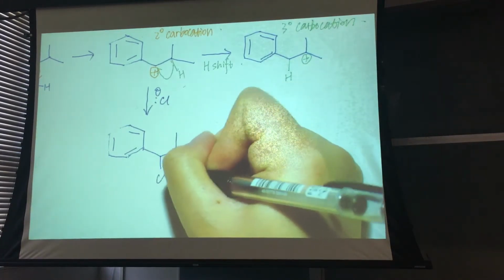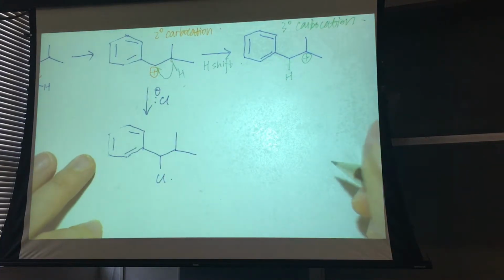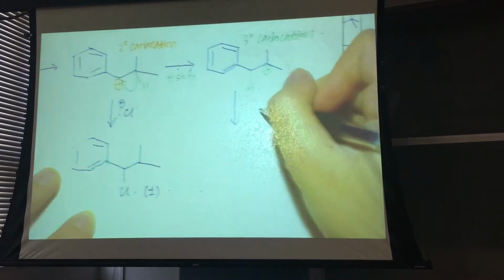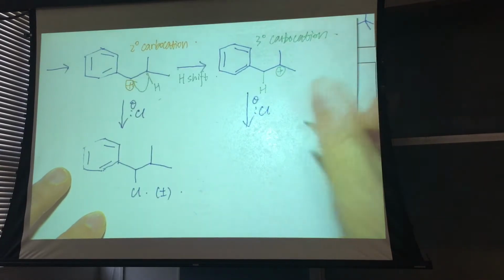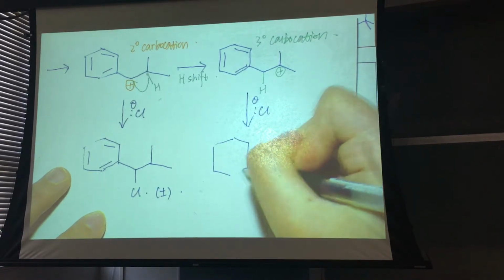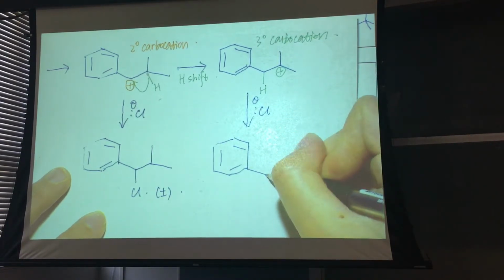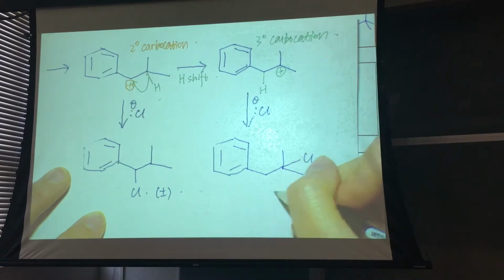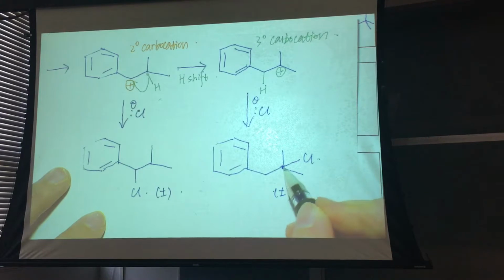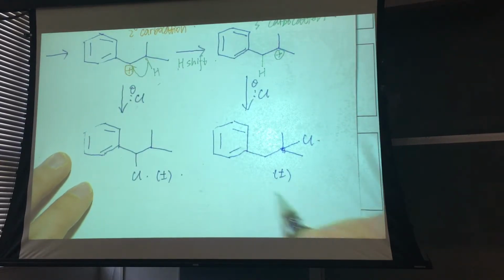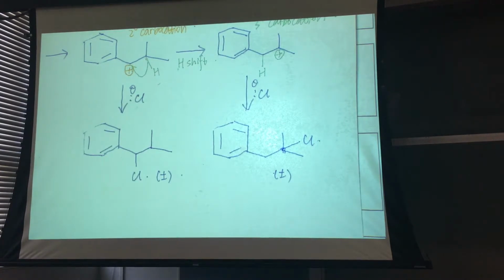So your chloro is here, and it's plus minus. This one with your chloro is going to add to that one. Chloro is still plus minus, but actually this is not a chiral center, but it's because it's SN1. I just show this to indicate I know what happens.